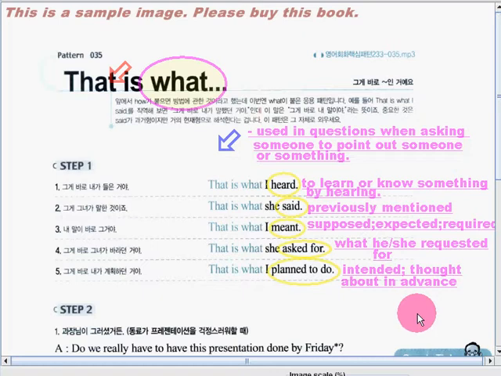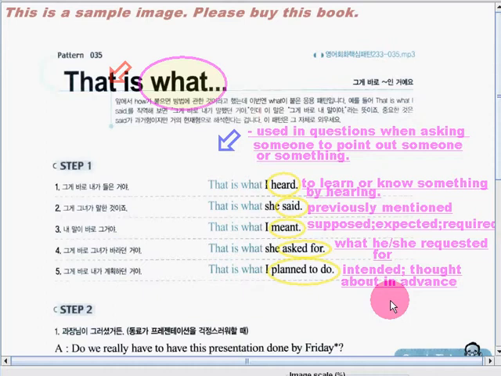So you thought about something in advance. That's why you're planning it, so that you would not be disturbed in doing something that you want. So this is the pattern "that is what." You are pointing about someone or something, especially something that other people mentioned already, or something that you thought about, and you're just pointing it out to explain it clearly.